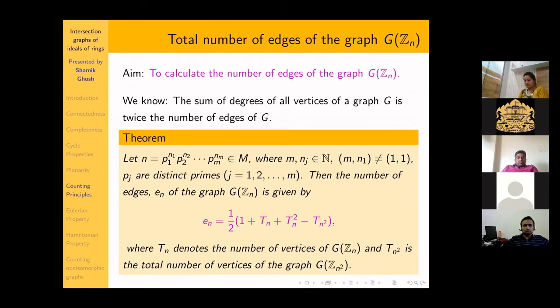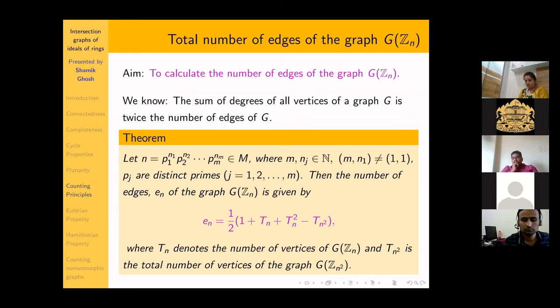Because now we know the degrees of the vertices of the graph, and the sum of the degrees is equal to twice the number of edges. So, before the Eulerian property, you can count the number of edges of the graph easily.